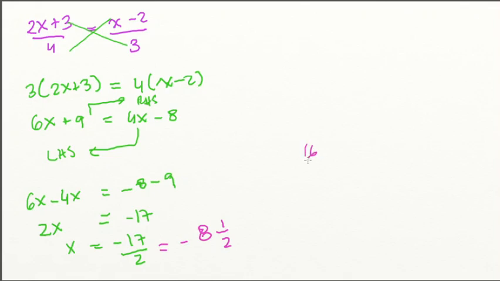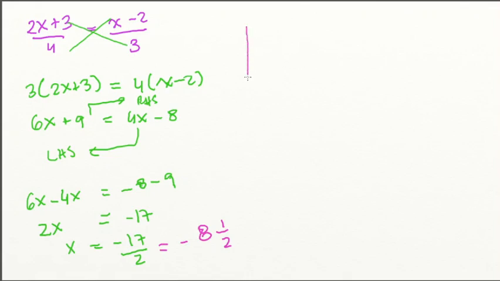Because 16 divided by 2 is 8. And then you have a half, which is left there, right? Obviously all negative. So this can also be written as negative 8 integers and a half.